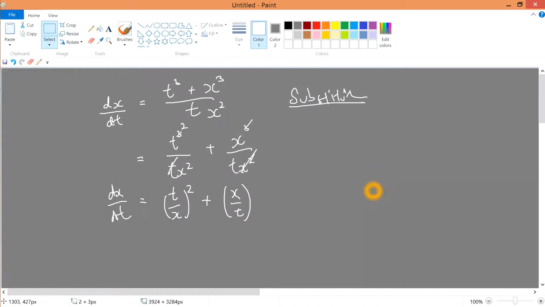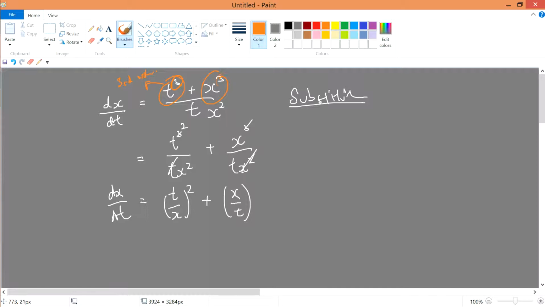Now you may wonder how to know when it is substitution. Look at every term. If I bring this term, it is third order because it's a cube.